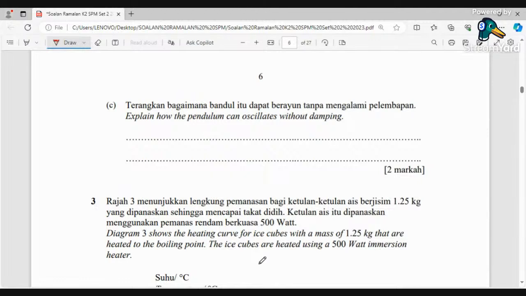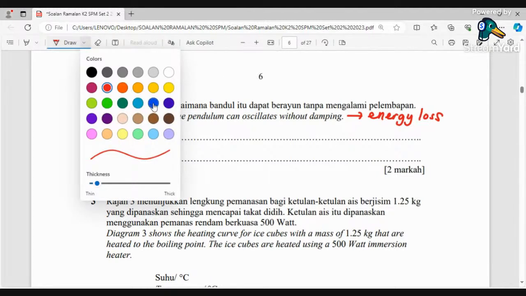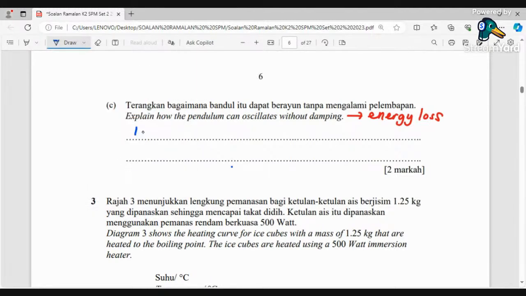Okay, C, explain how pendulum can oscillate without damping. Okay, maksudnya damping is caused by energy loss. So you need to prevent the energy loss. How to prevent energy loss?